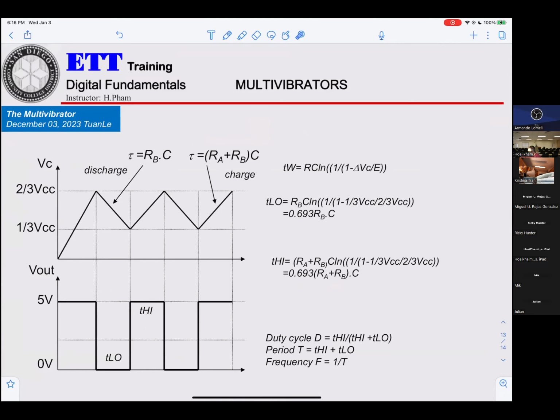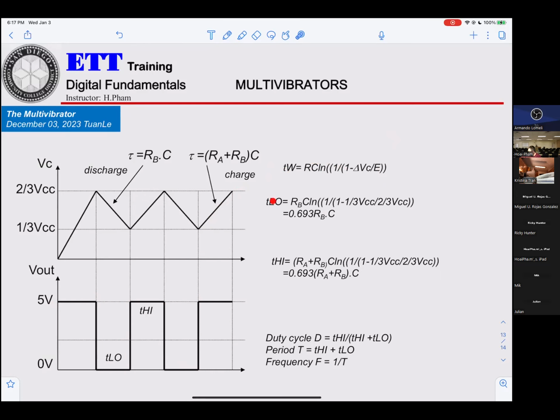In here, they just give you the voltage of the capacitor charging and discharging, and the output will be high, low, high, and low. Also, this is the formula: T equals RC log of 1 over (1 minus delta VC divided by E). That's what we talked about before, capacitor charging and discharging.